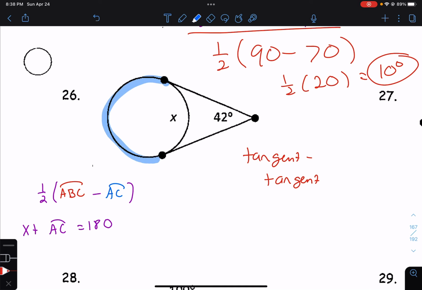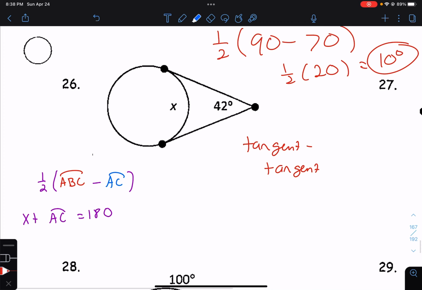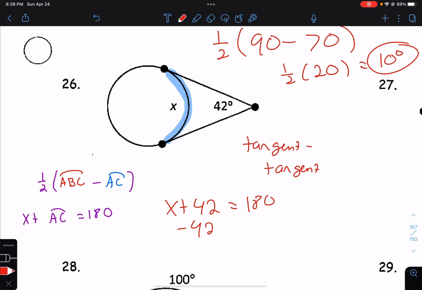We have no idea. So we could use this other formula. Basically, it's that our angle plus the smaller arc have to equal 180. So it's just going to be x plus 42 equals 180. We subtract 42 from both sides, and we get 138.